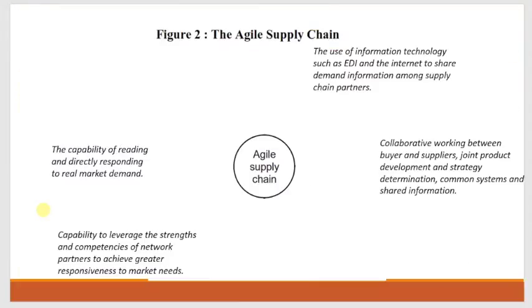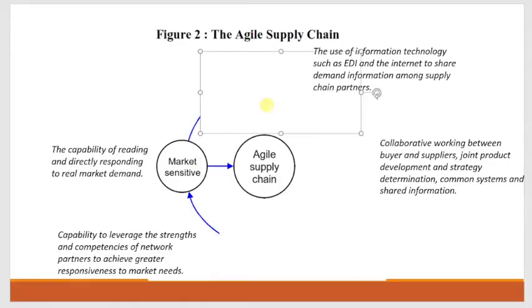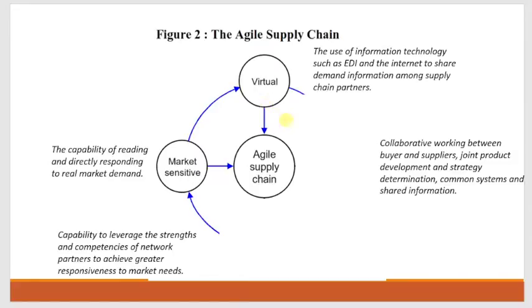The key characteristics of an agile supply chain are the following. First of all, market sensitivity, which is the capability of reading and directly responding to real market demand. Then we have virtuality, which is basically making use of information technologies such as EDI and the internet to share demand information among supply chain partners.